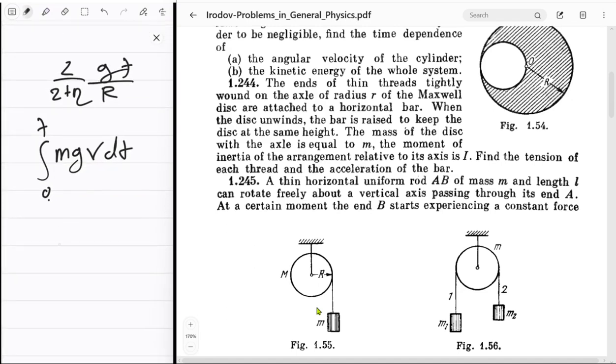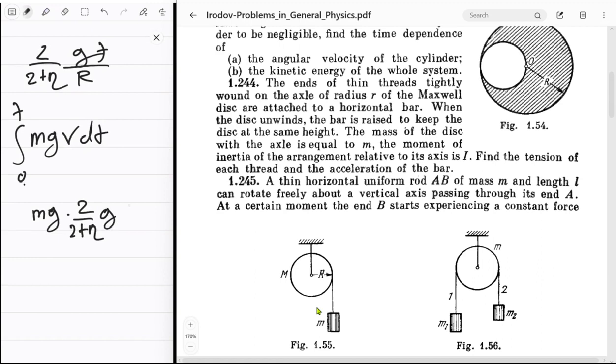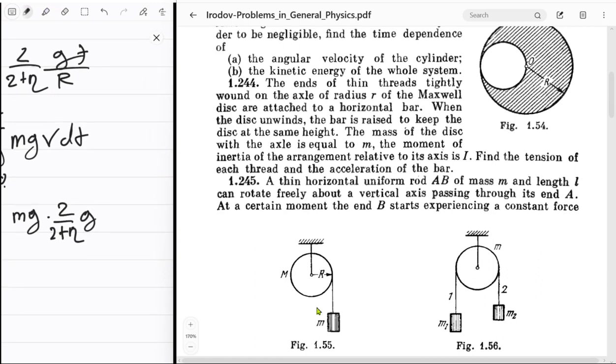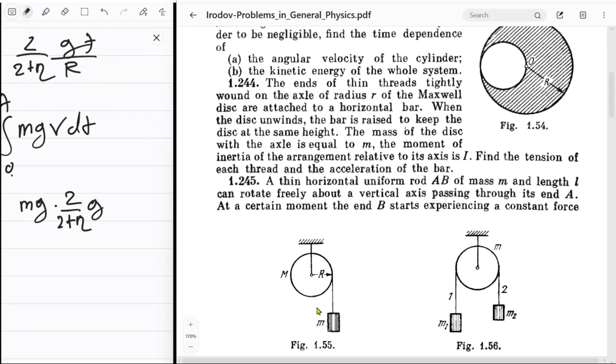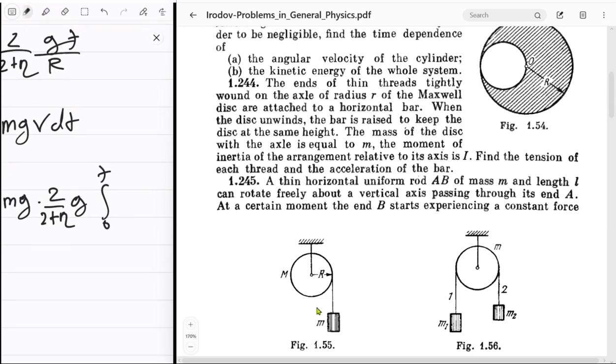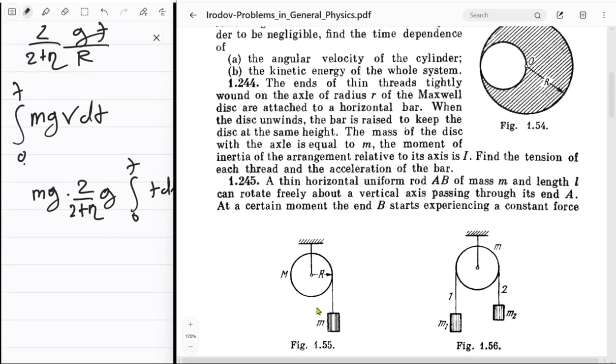So mg times 2 upon 2 plus eta, and then you got g, and once again a g. So that g's out anyway. And addition of this thing from 0 to t, and it's got t dt, I think, because yeah, sure, this should be correct, I think.